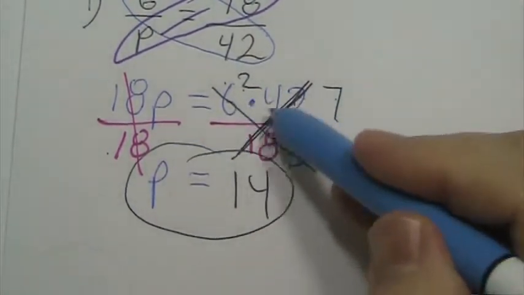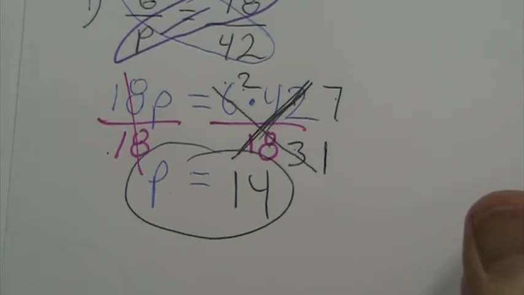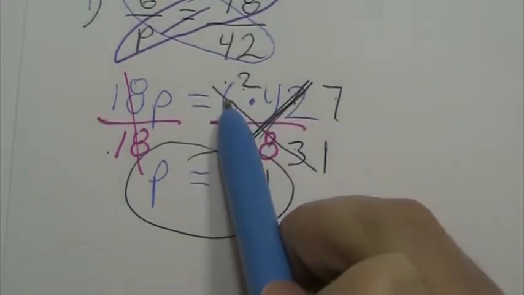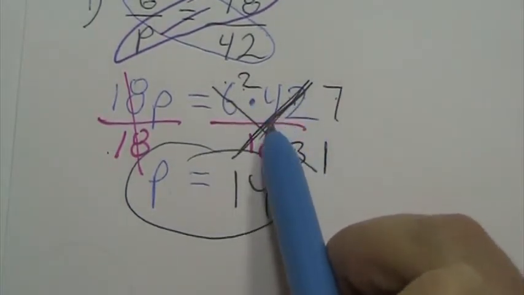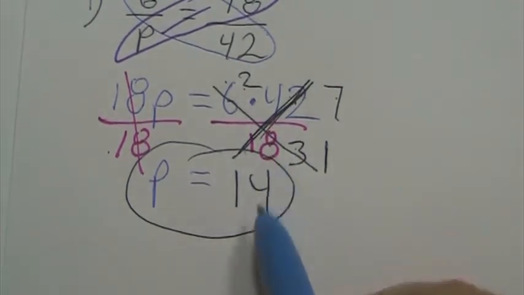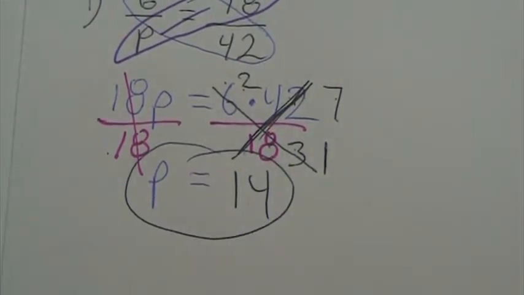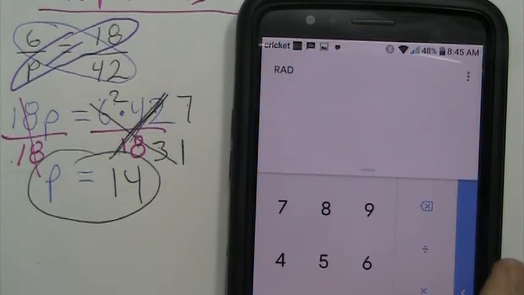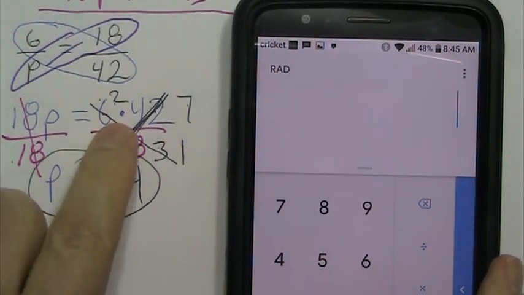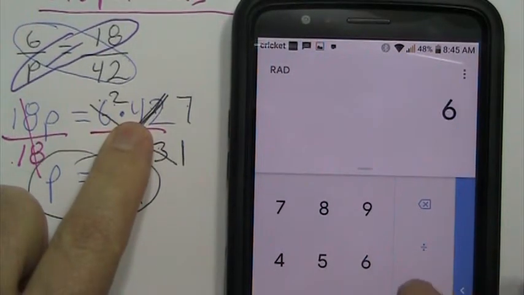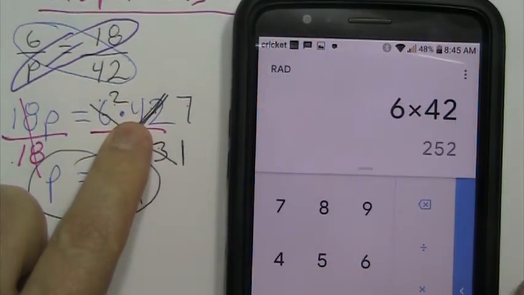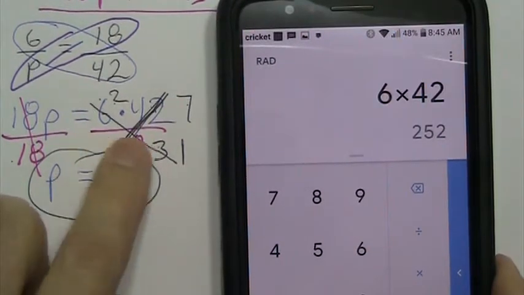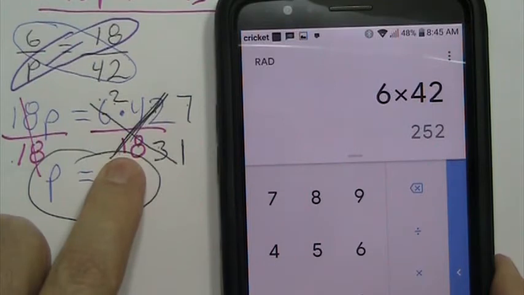Now you did not have to do all that. If you wanted to use a calculator, you could. You would say 6 times 42 divided by 18, and you come up with the same answer. With a calculator, it'd be 6 times 42, and then divided by 18.